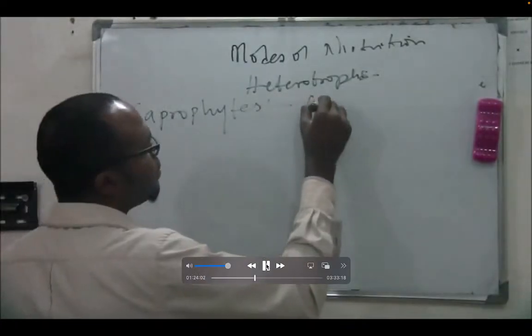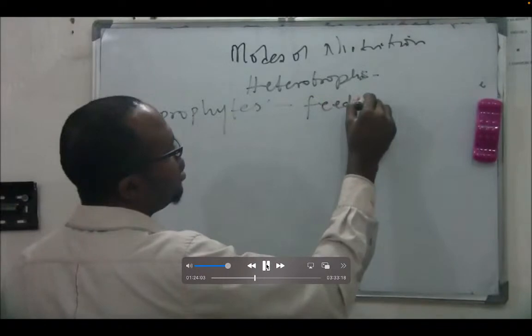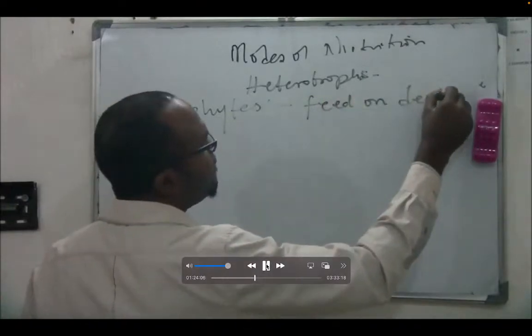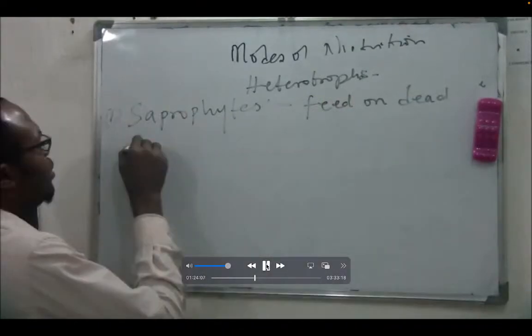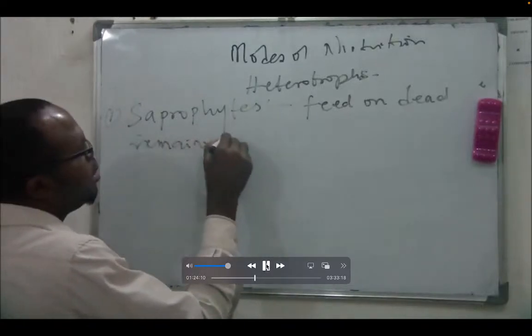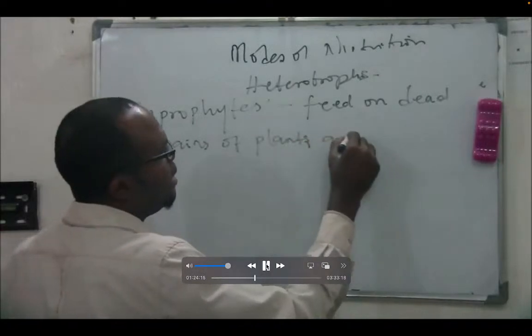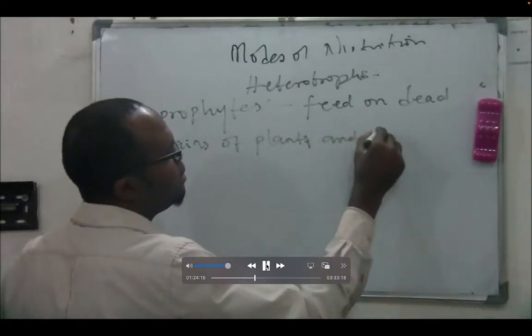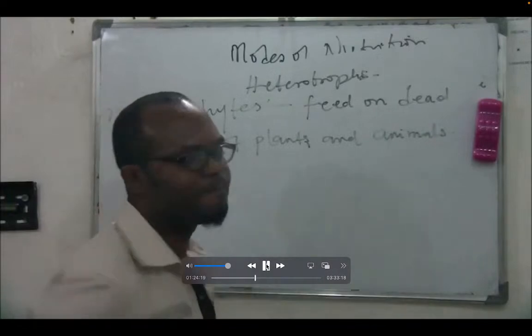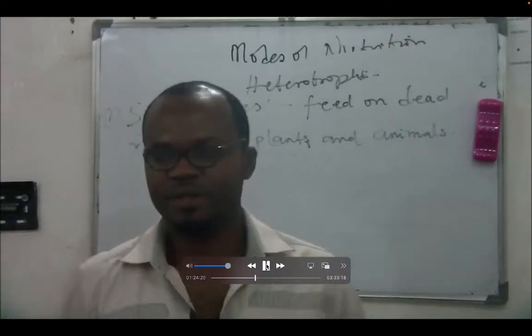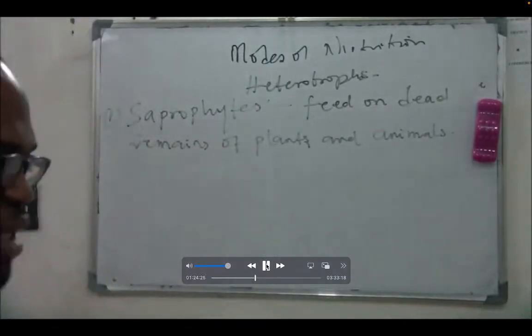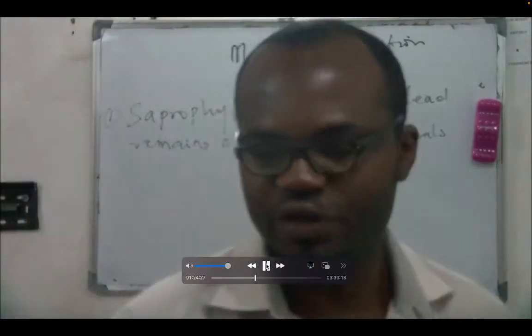They feed on dead remains of plants and animals. So saprophytes are a good example of heterotrophs, organisms that undergo heterotrophic mode of nutrition.